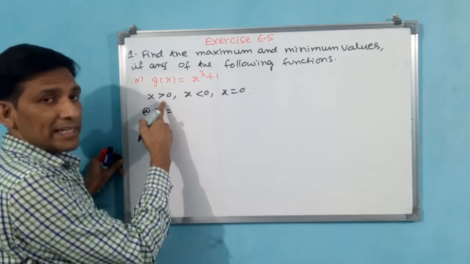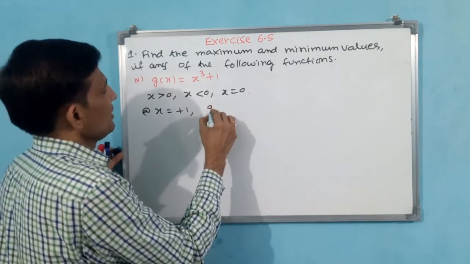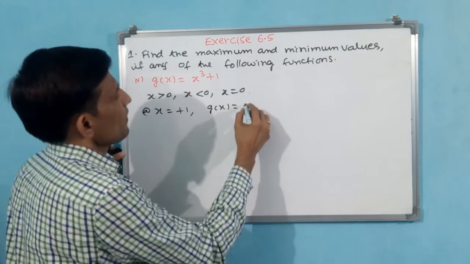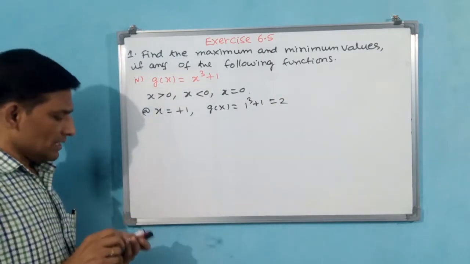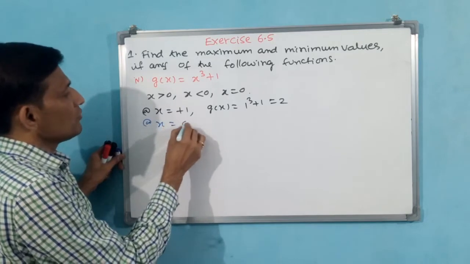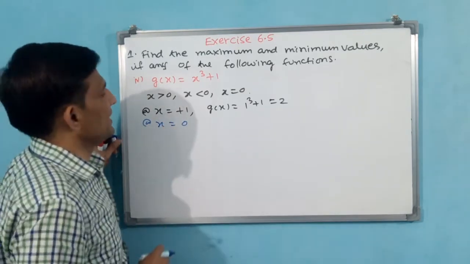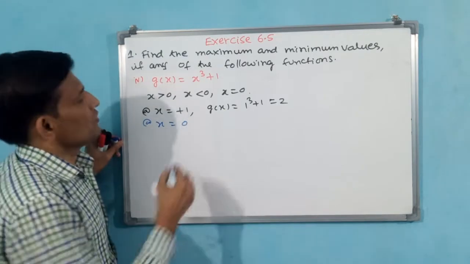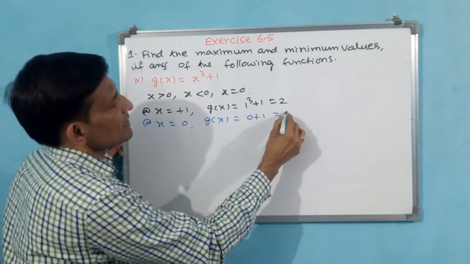At x greater than 0, I will take plus 1. Then g of x is equal to 1 cube plus 1, that is equal to 2. Now come back to x is equal to 0. Why? Because see, positive side, 0, negative side, 3 areas we will take. At x is equal to 0, g of x is equal to 0 plus 1, that is equal to 1.